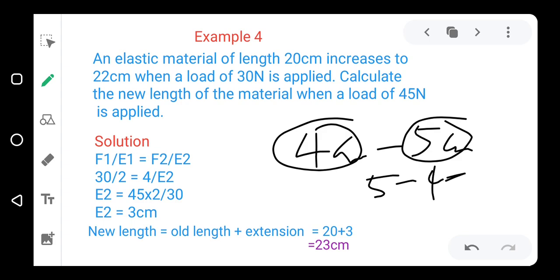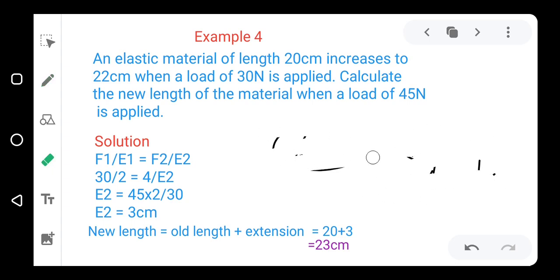That means the increase in the length, which is equal to 1 cm. So it is this 1 cm, which is the extension that we use in solving any problem that is related to Hooke's law. So with that, we now start solving this.